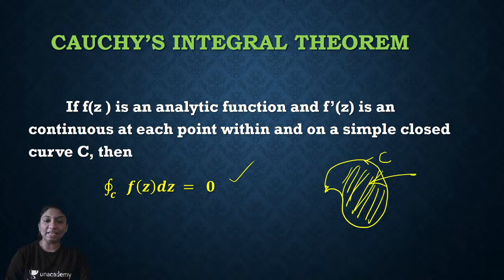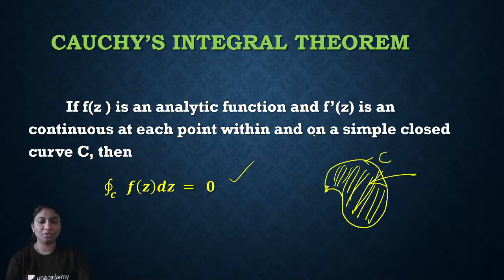Okay, if it lies on the curve c, then we can find out directly that the integral over c of f of z dz is equal to 0. अगर आपके points within and on the simple closed curve से, अगर पॉइंट्स आपके जो भी lie कर रहे हैं कर्व के, वो कर्व के इनसाइड है, अदरवाइज ऑन द कर्व है, मतलब ये कर्व के ऊपर है, right? Then your integral over c of f of z dz is equal to 0. और एक भी पॉइंट आपका outside of the curve c आ रहा है, so definitely for that point your integral value is not 0. आ रही है समझ में?